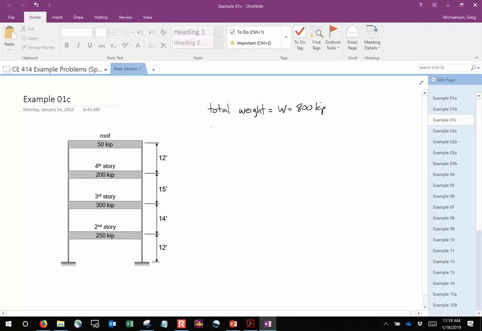All right, help me out. What was our seismic coefficient? 0.1.